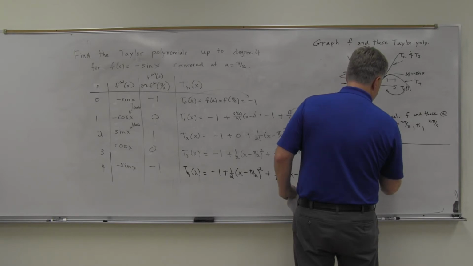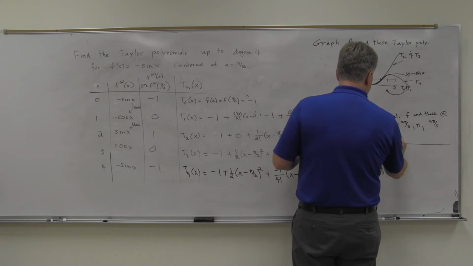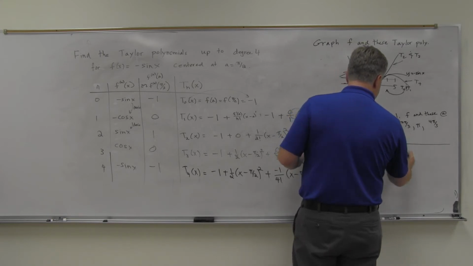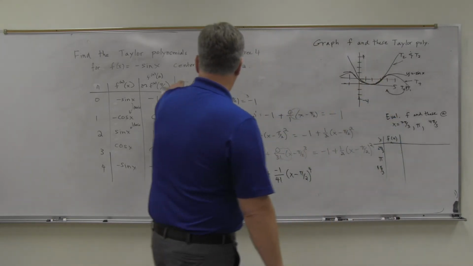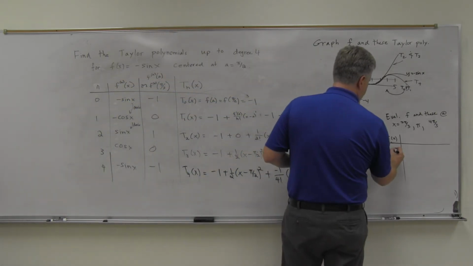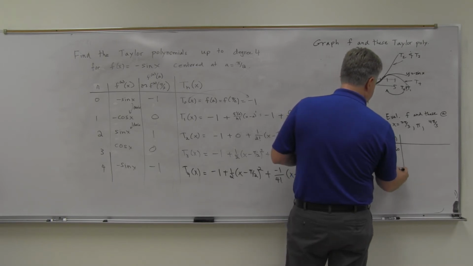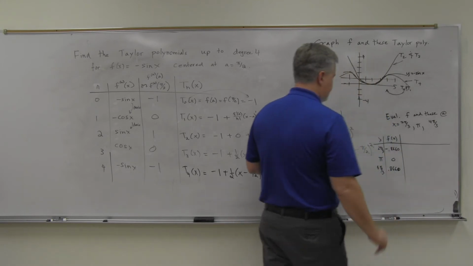So just kind of arrange it however you want to. So f of x is negative sine of x, so at 2 pi over 3 you get negative 0.8660, pi you get 0, and 4 pi over 3 you get positive 0.8660, approximately.